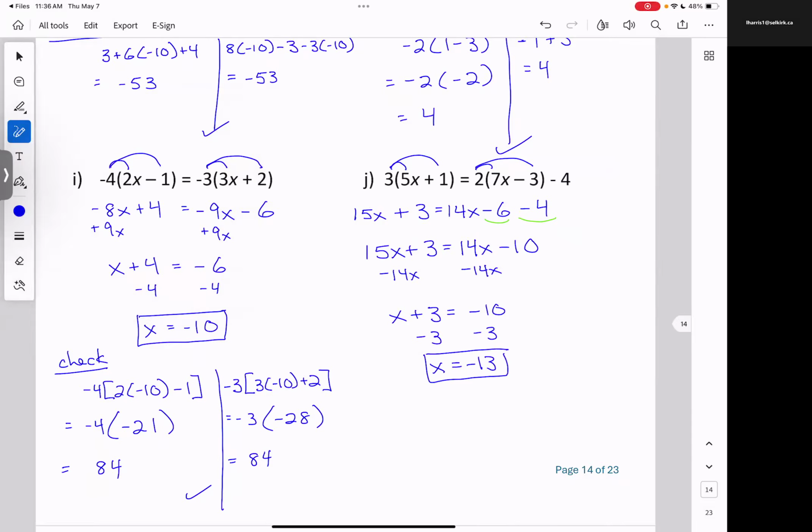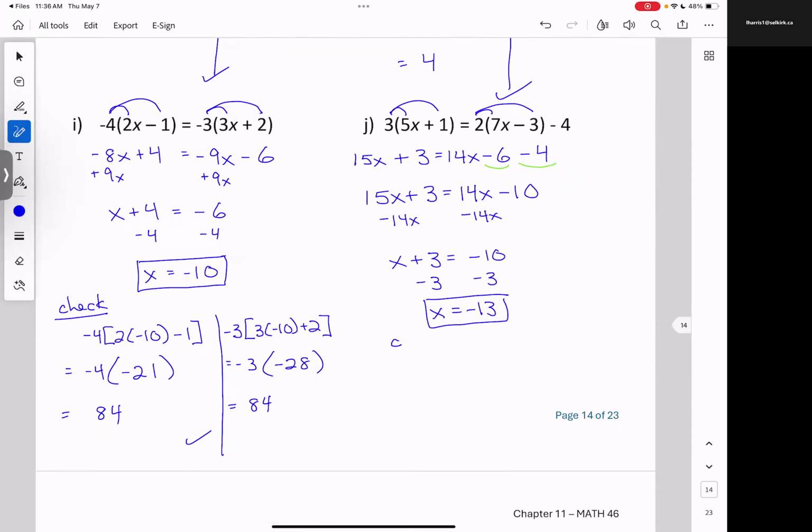And let's check that solution. Oops, that should be a negative 13 in there.